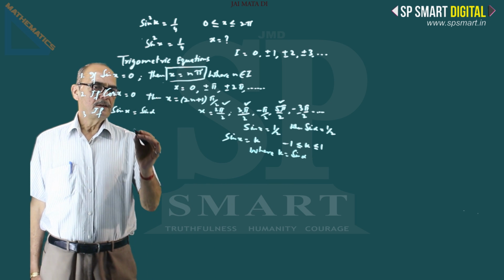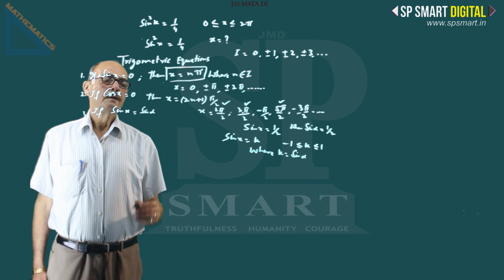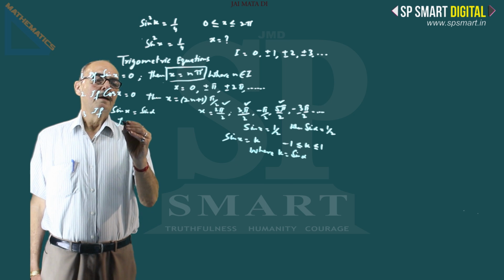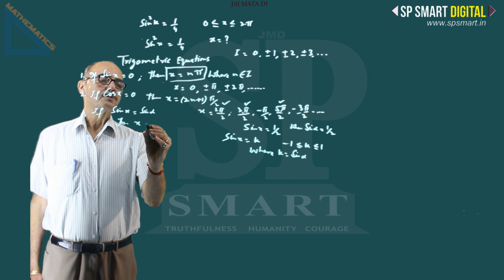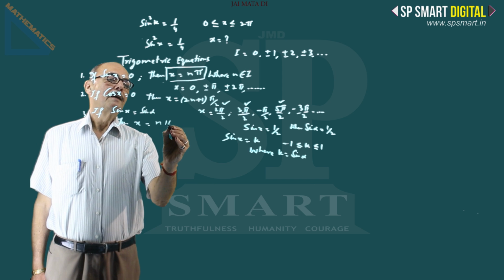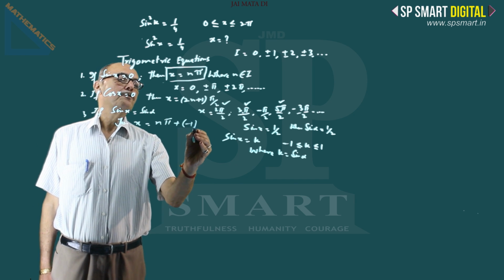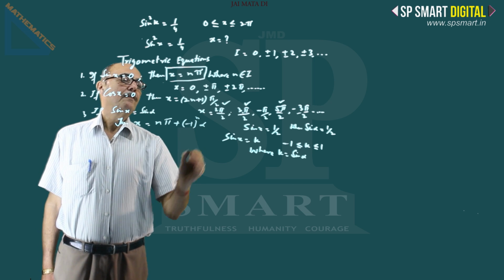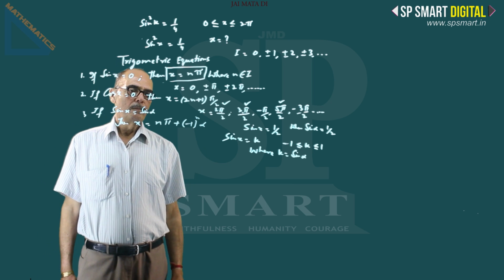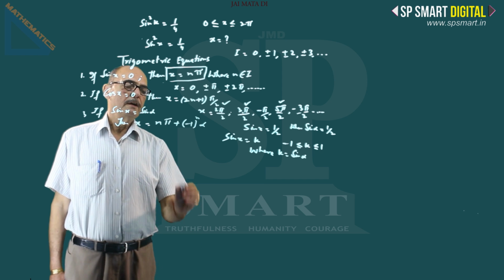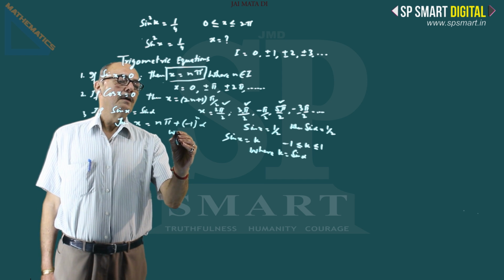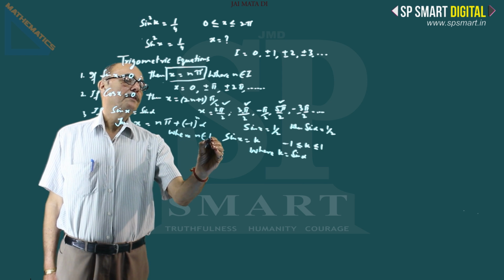So, to find the general formula in this case, x equals n pi plus minus 1 raised to power n into alpha, where of course n belongs to the set of integers.